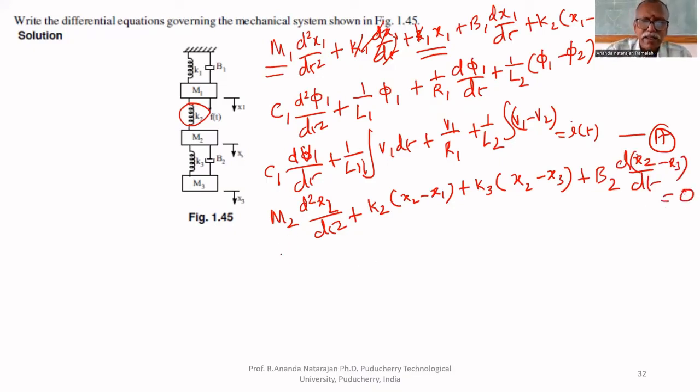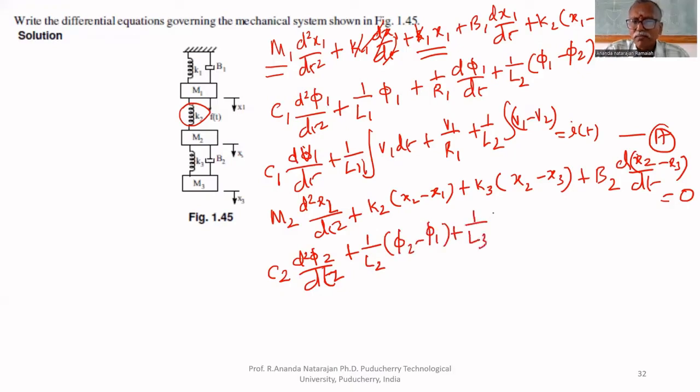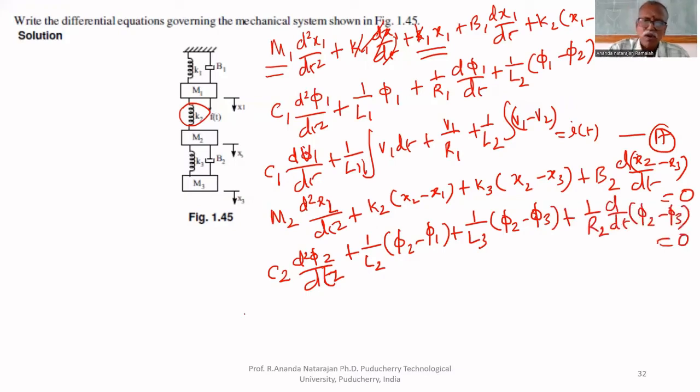If you replace this by the current analogy, C2 d square phi 2 by dt square plus 1 by L2 phi 2 minus phi 1 plus 1 by L3 phi 2 minus phi 3 plus 1 by R2 d by dt of phi 2 minus phi 3 equal to 0.